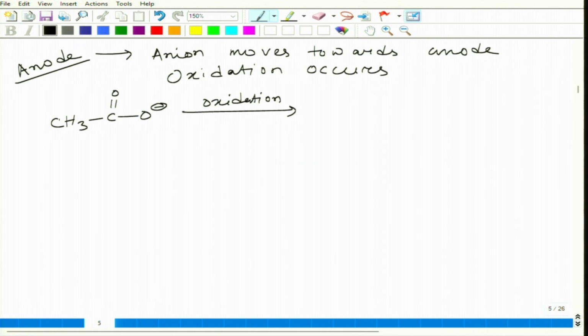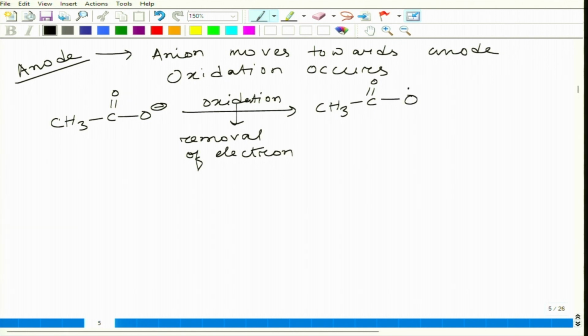So, when the acetate ion, that is with the negative charge, is undergoing oxidation, what does oxidation mean? Oxidation means removal of electron. When we remove one electron from the negatively charged particle, we will have a free radical.